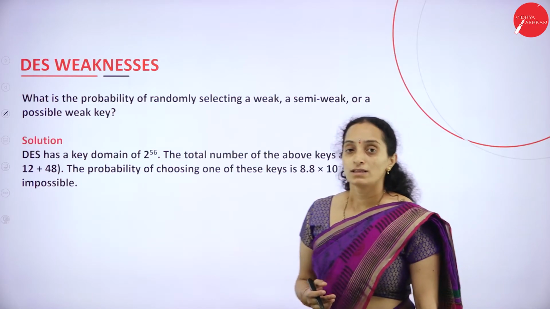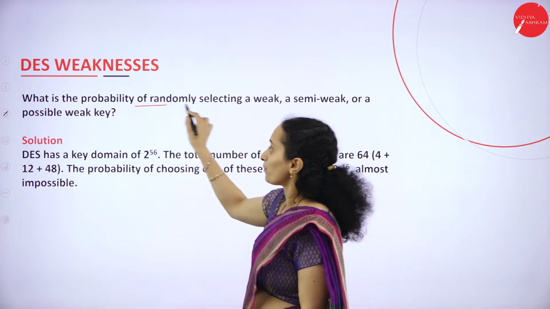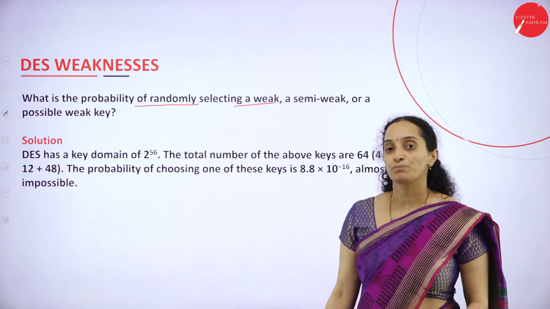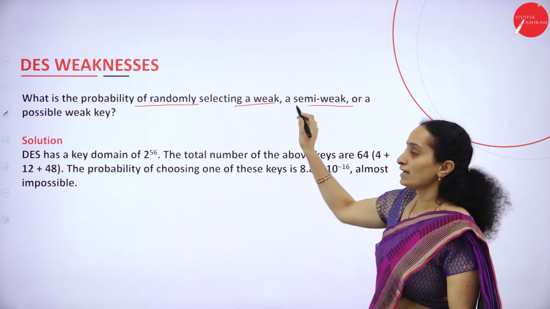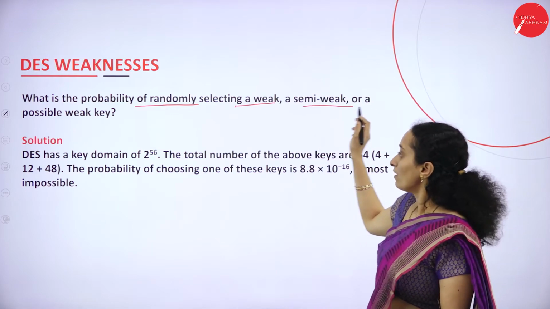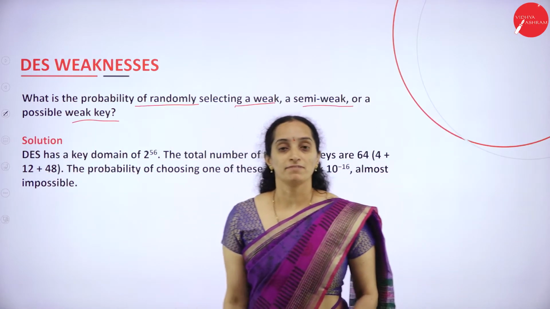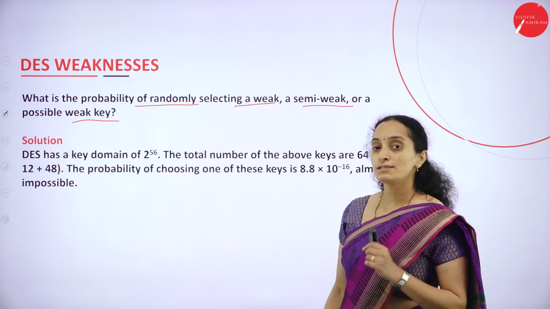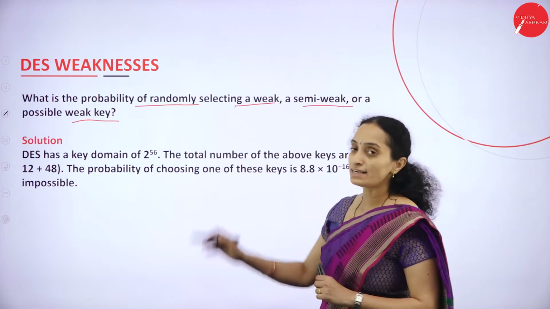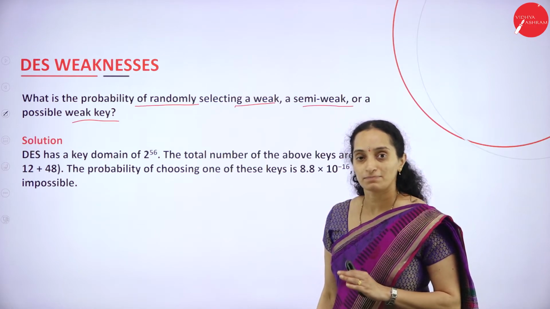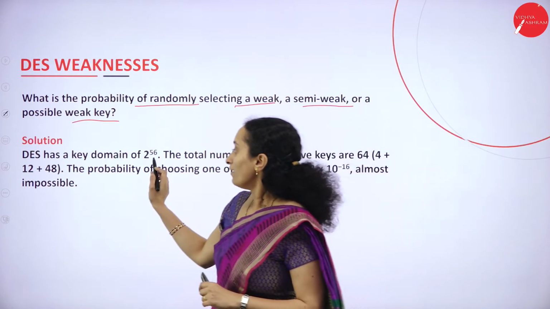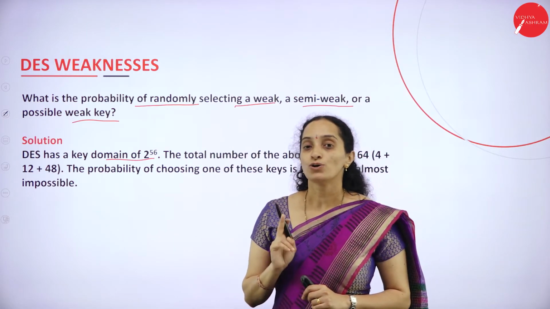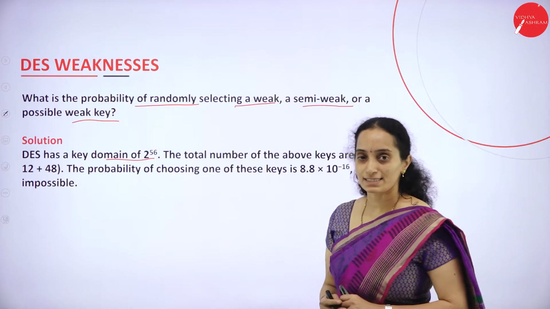Okay. The question is, what is the probability of randomly selecting a weak or a semi-weak key, or a possibly weak key? There may be a possibility of some more weak keys. What is the probability of random selection of such keys? Now, the solution: DES has a key domain of 2 to the power of 56, isn't it?